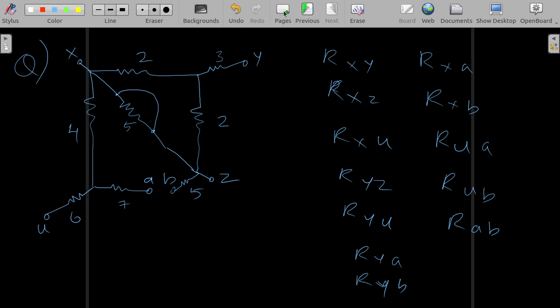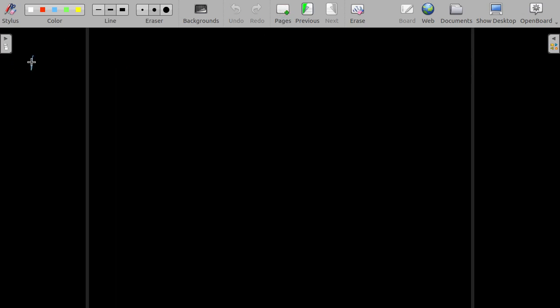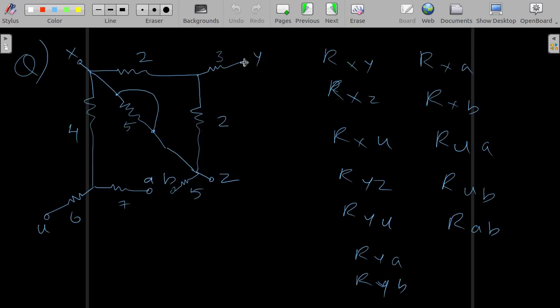So let's start with R_XY. R_XY means the current will be flowing through here, and we have to consider this.